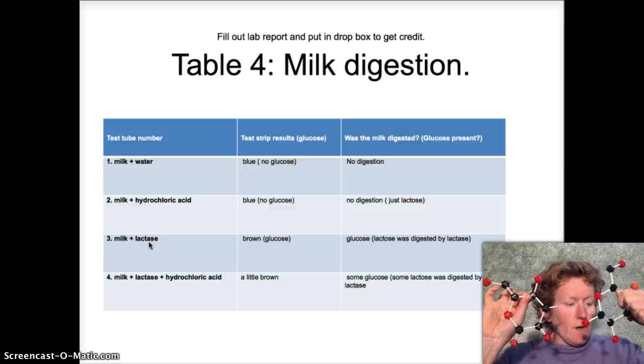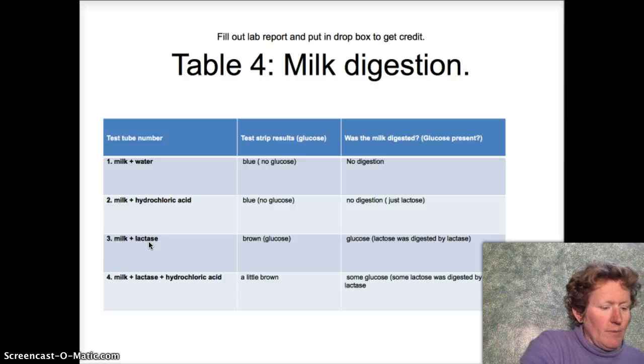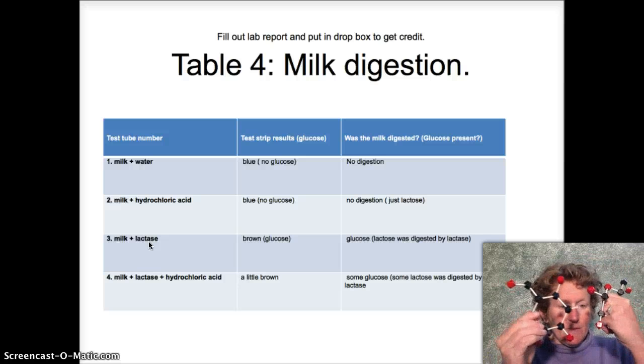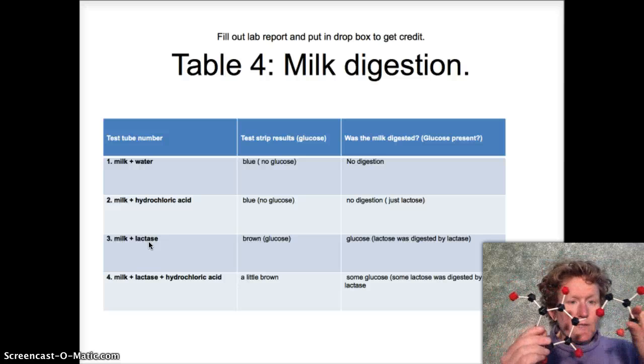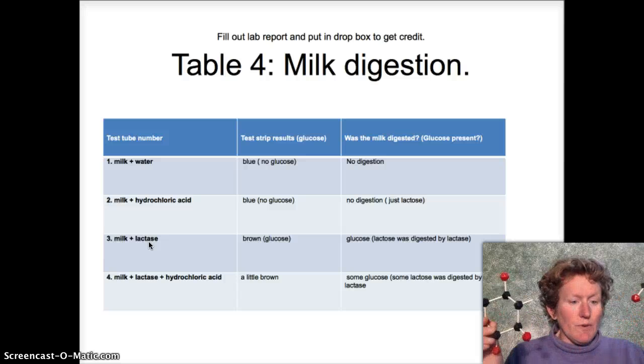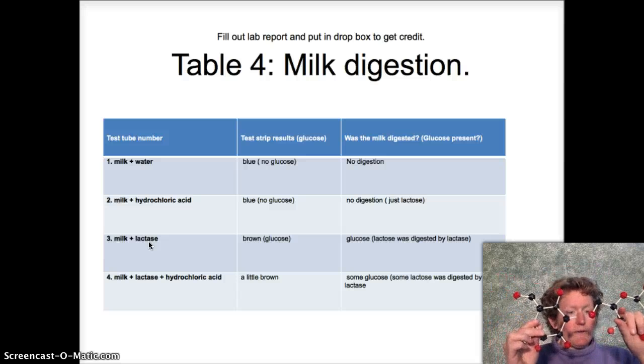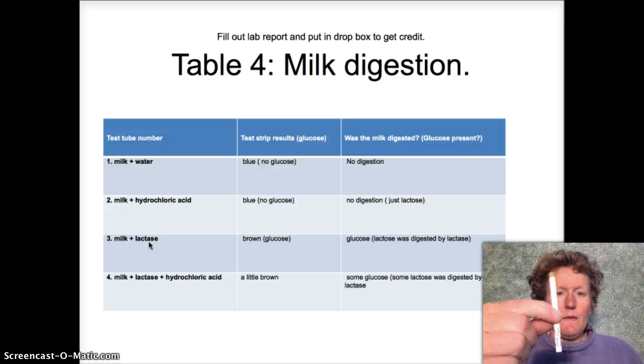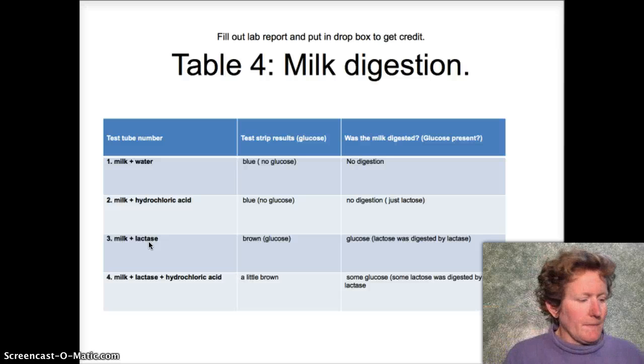One of them is glucose that's picked up by these detector strips. So when this lactose, that's two of these stuck together, gets broken into two monosaccharides, we detect the brown on the strip.